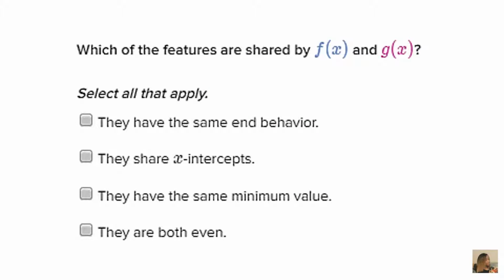Finally, the shared features of f of x and g of x are their end behavior, so option 1, as well as the fact that they're also both even functions. So these are the two shared features. So option 1 or option 4 or A and D, however you best think about the answer choices.